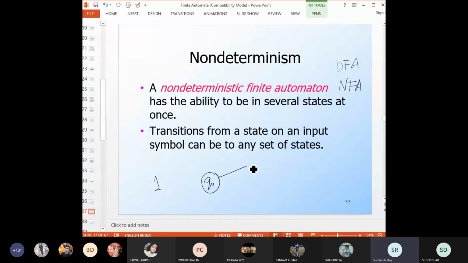I find that there is not just one but two different next states, let's call them Qi and Qj, and to both these next states I have transitions on 1. What would you do? You are presently in Q0 and you are seeing the input 1. So what would you do at this point?